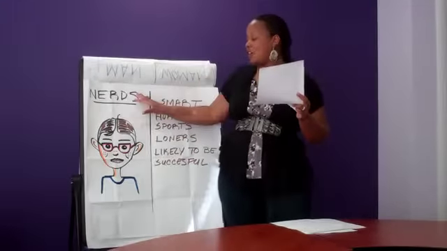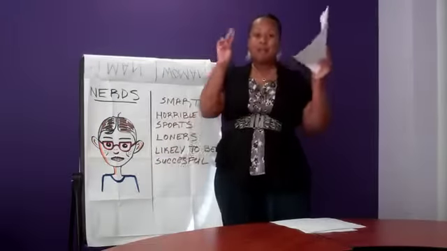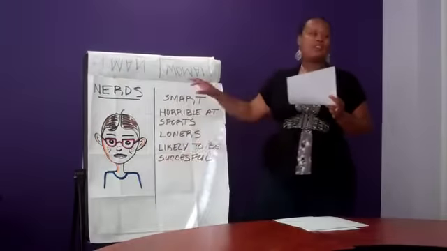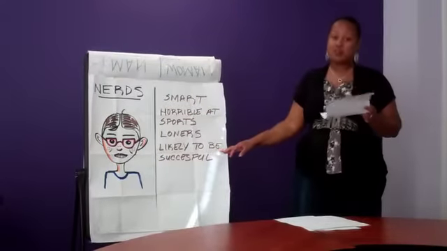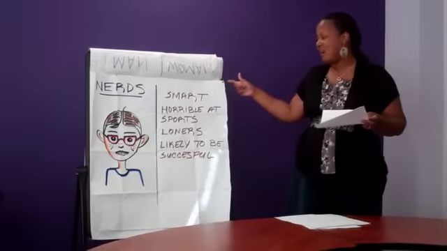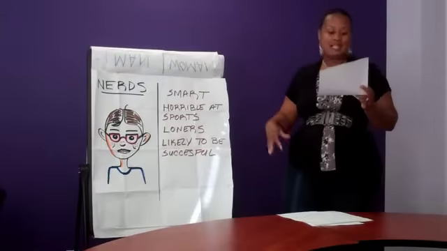So if this is the nerd clique, they'll draw a picture of what they would say, stereotype a nerd to look like. And then they'll draw a line down the middle. On the other side, they'll come up with a list of descriptions to describe a nerd. So it can include things like smart, horrible at sports, a loner, likely to be successful, and so on.